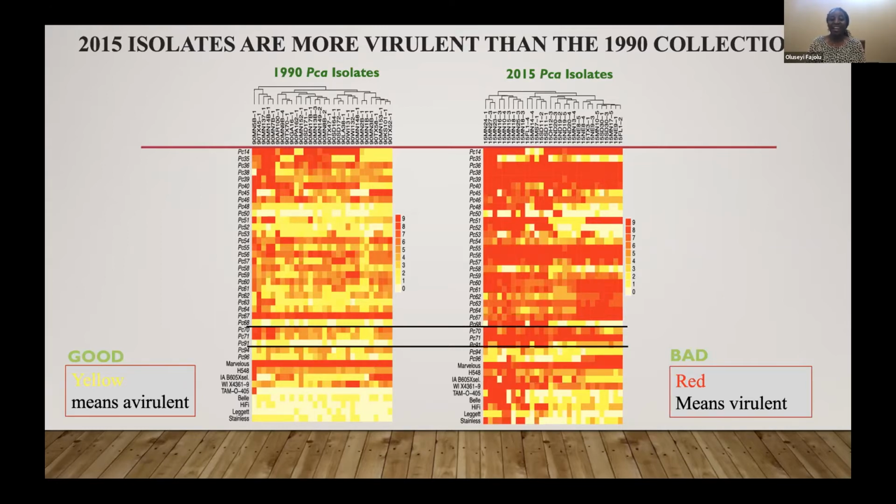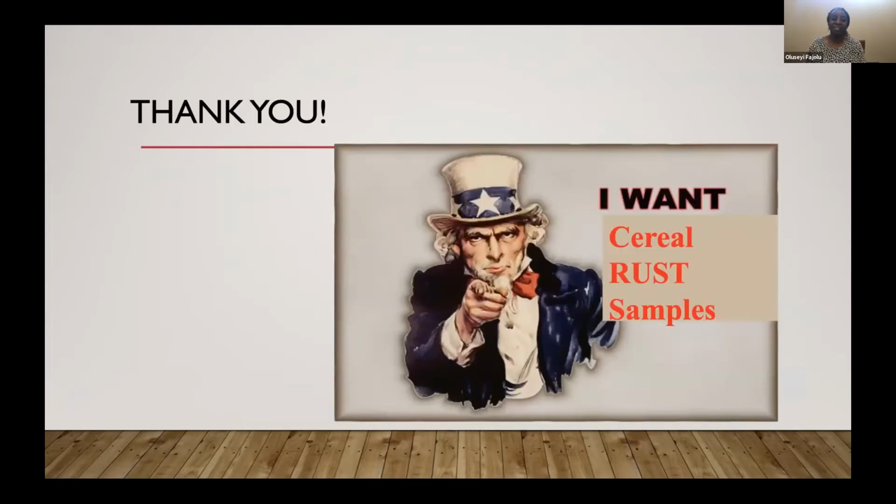Once again, I'll plead with us to please send us rust samples so that we can continue to monitor the virulence of the rust population in the field. Remember, rust pathogens evolve in response to the resistant cultivars released in the field. And with that, I want to say thank you for your attention, and I will turn it over to Eric.